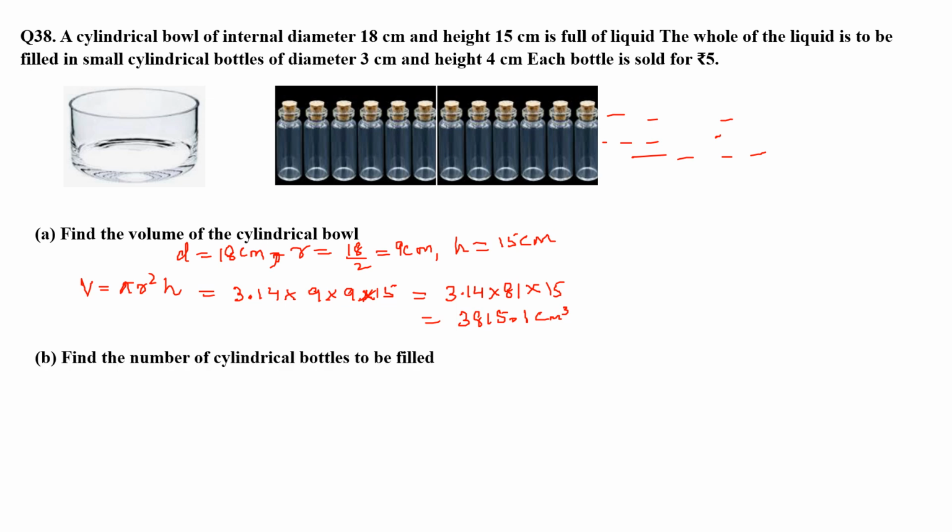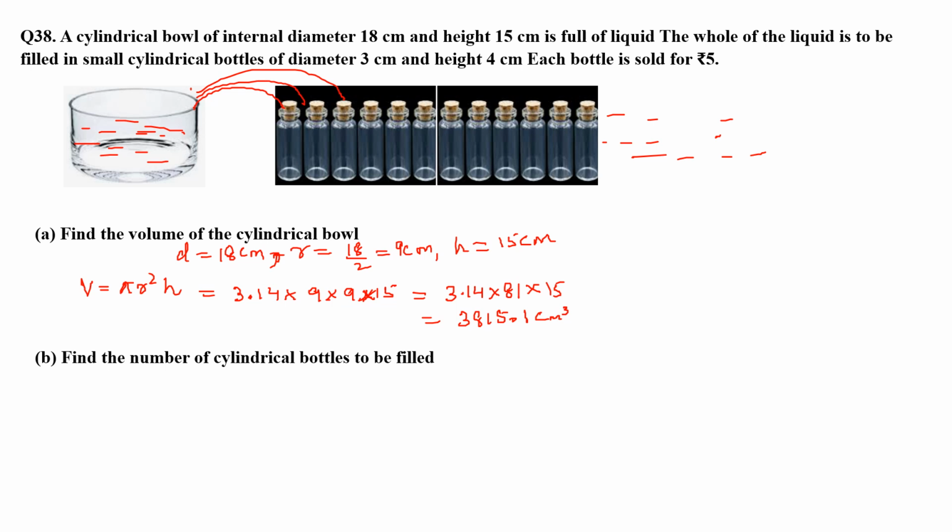Now the second question is find the number of cylindrical bottles to be filled. As this bowl is full of liquid, whatever liquid is there, you have to pour it in these small bottles. You have to find how many similar cylindrical bottles this liquid will fill. So you are distributing the liquid in these small bottles having the same volume.